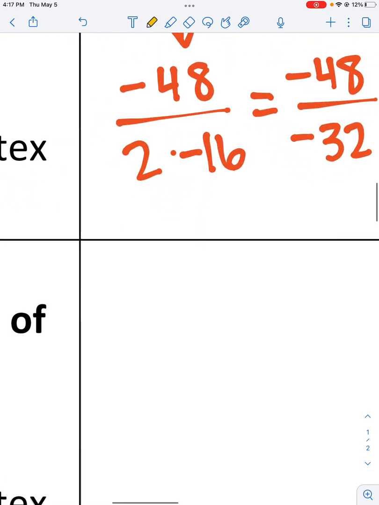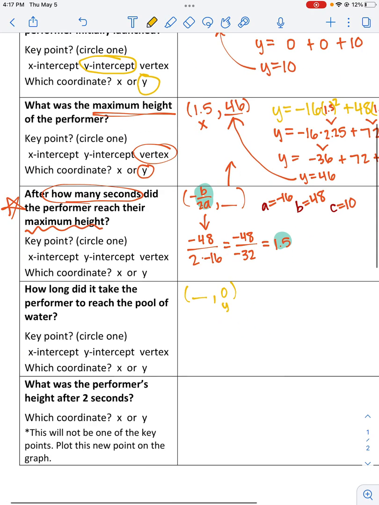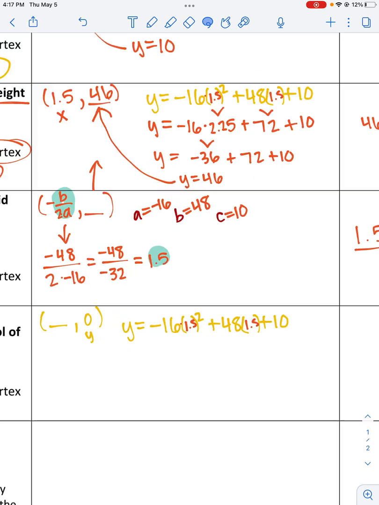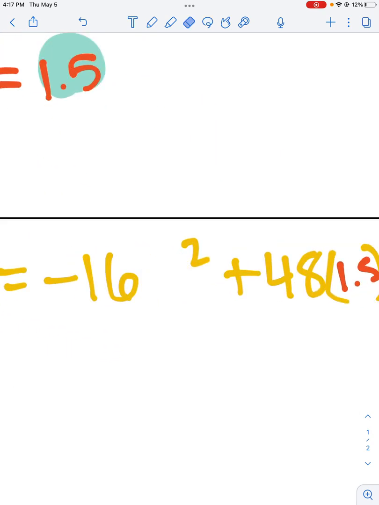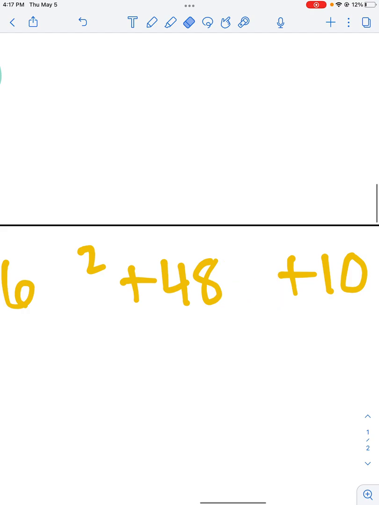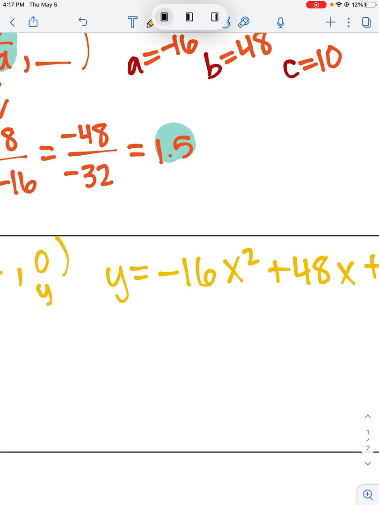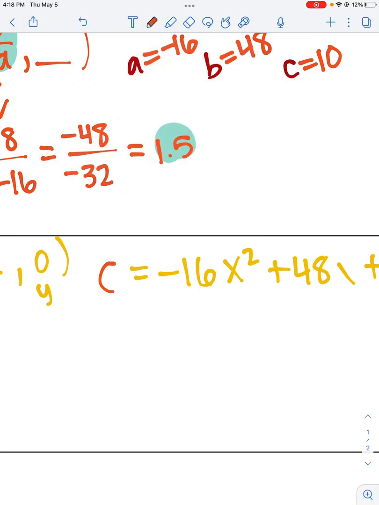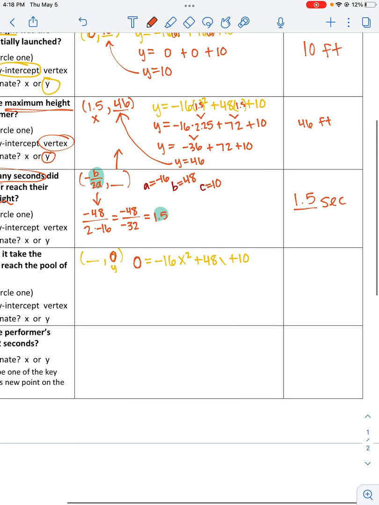I am going to use the same kind of thinking we've been using. So now y is 0, and so I'm going to plug into my equation. Let's copy that. So here we're going to have x still, but we're putting 0 in for the y spot, because we're at that height of 0.